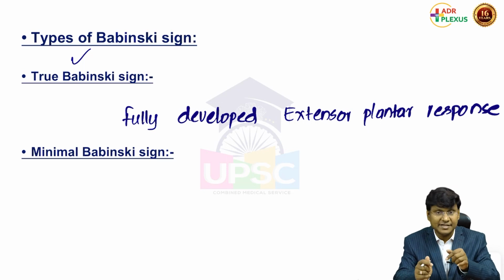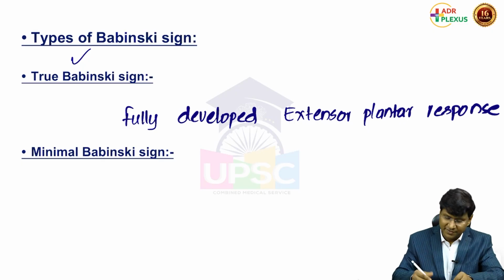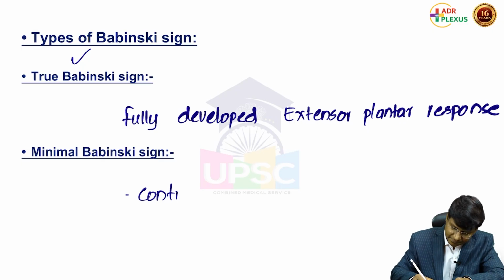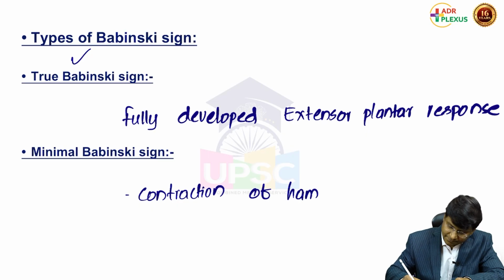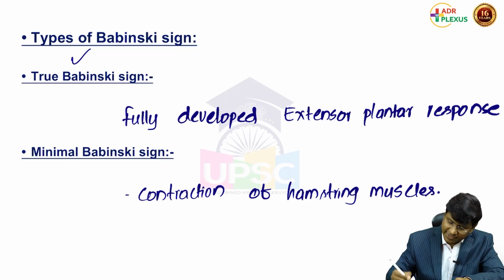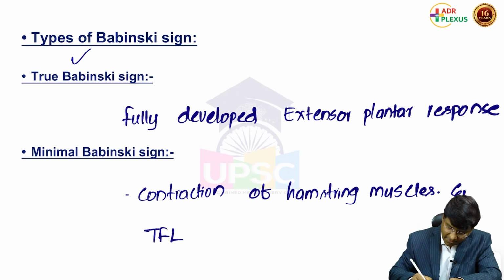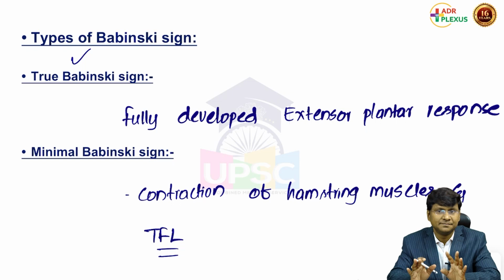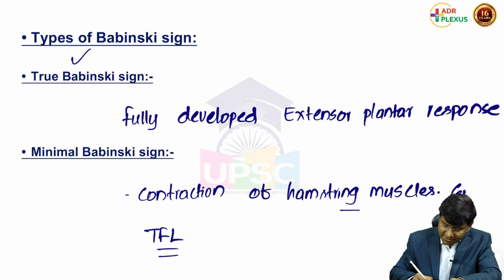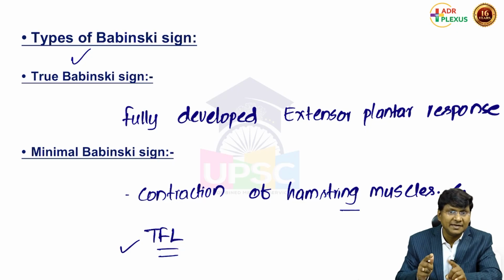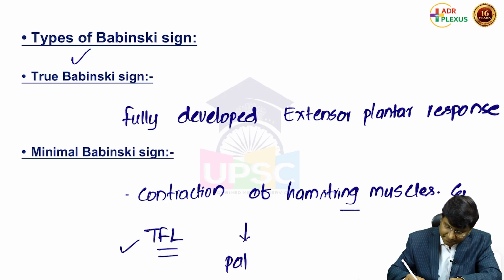It is characterized by just only the contraction of the hamstring muscles, as well as the tensor fascia lata, and this contraction can be detected by palpation of the thigh.